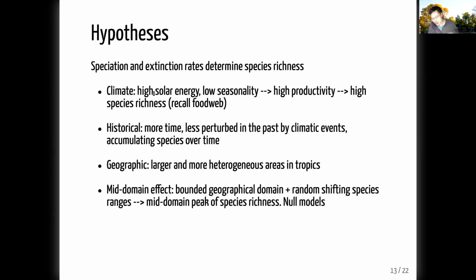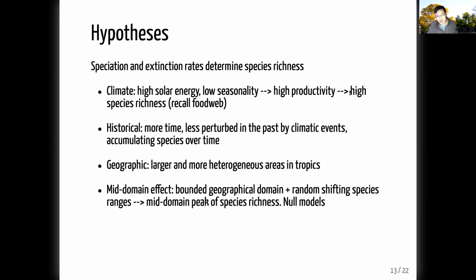Because of the shape and position of the Earth relative to the sun, tropic areas receive more solar energy and also have lower seasonality. This leads to high productivity, and with high productivity we have more food to support more species through the food web.